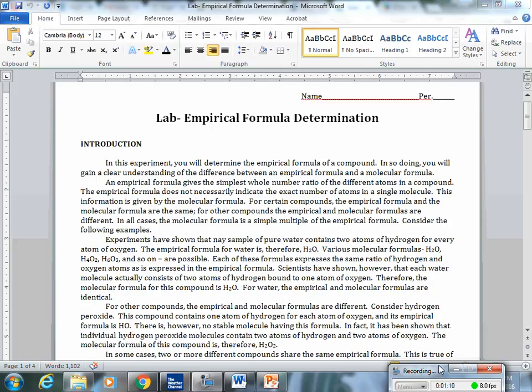Also, the molecular formula for water is the same, H2O. This is because scientists have shown that each water molecule can be expressed as H2O. Therefore, the empirical and molecular formula are the same for water.